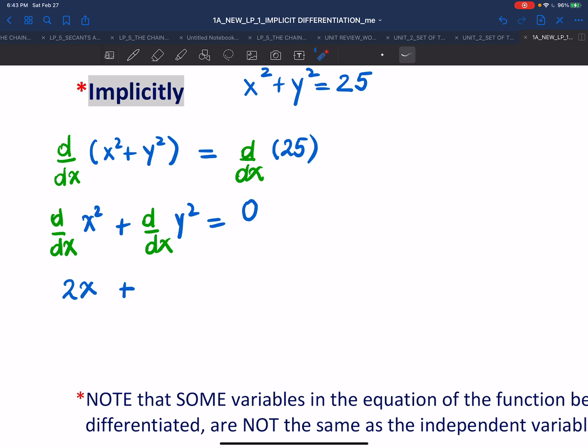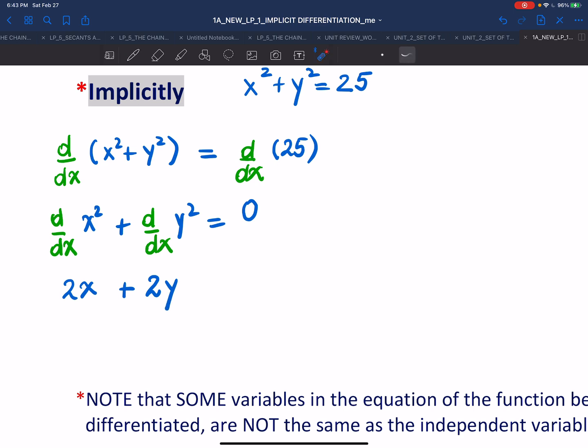So when we differentiate this, and here comes to play the chain rule, we look at y as an inside function and y squared as something squared, the outside function. So that means we have to differentiate y squared, which would be, based on the power rule, 2y.